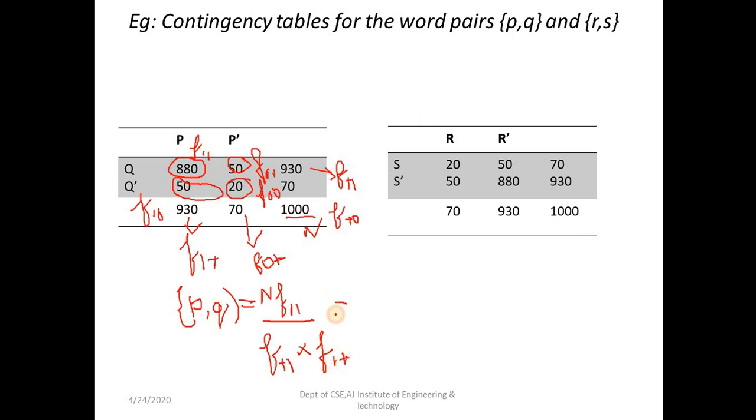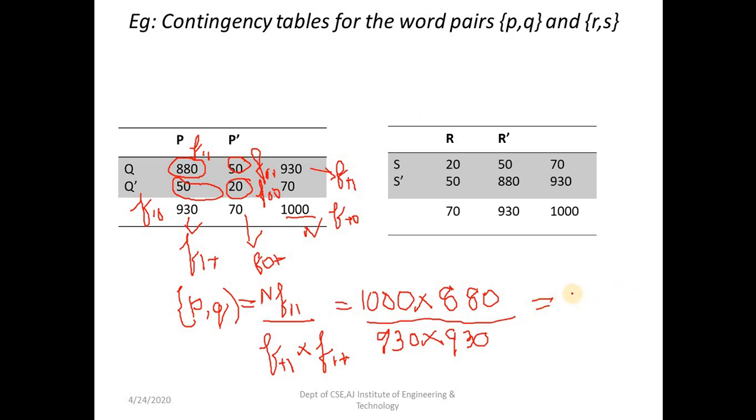So, for the word pair P, Q, N is 1000, into F11 is 880, divided by F of plus 1 is 930, into F of 1 plus is also 930. So this value is equal to 1.02.